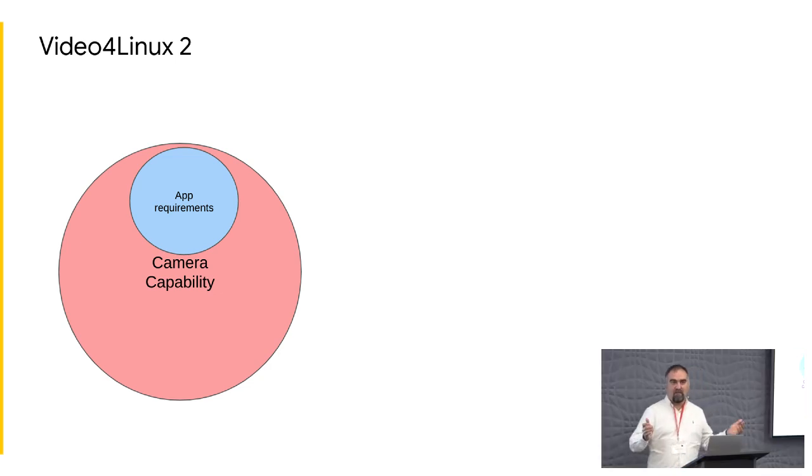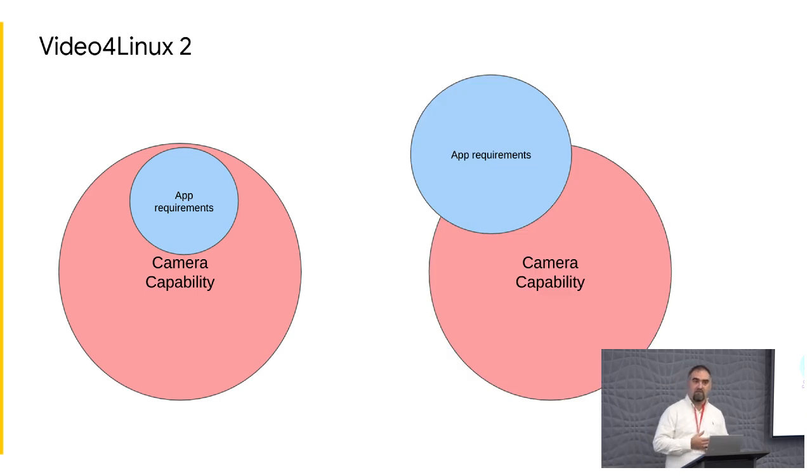In the best case scenario, you have some camera which supports some frame formats, and you have an application that needs specific formats. If it looks like this, like your camera supports more formats than the formats that you need, then everybody is good. Everything is good. But what happens in this scenario? In this scenario, your application is not going to work.